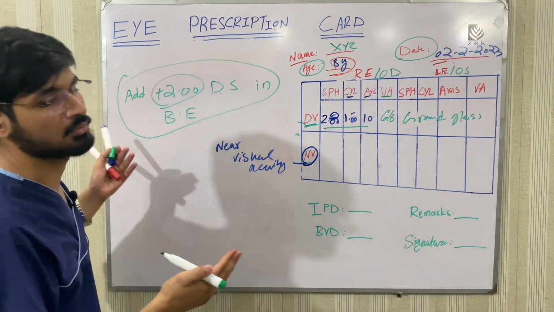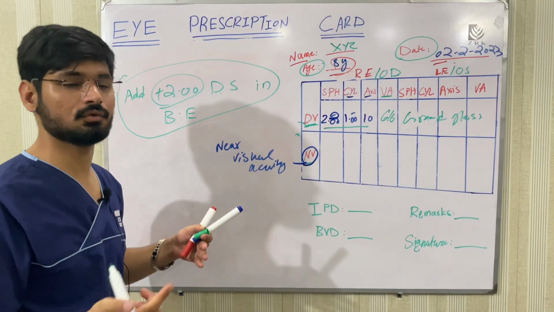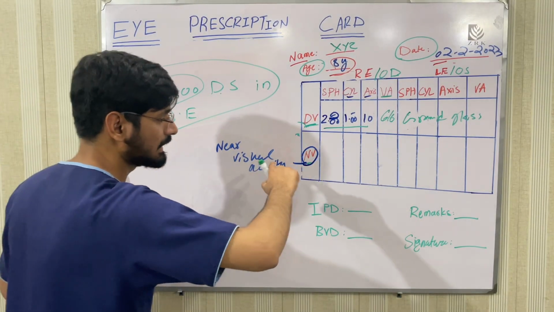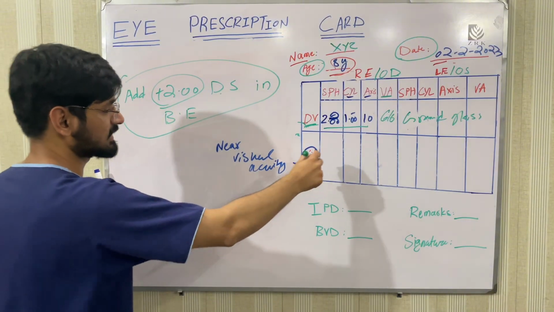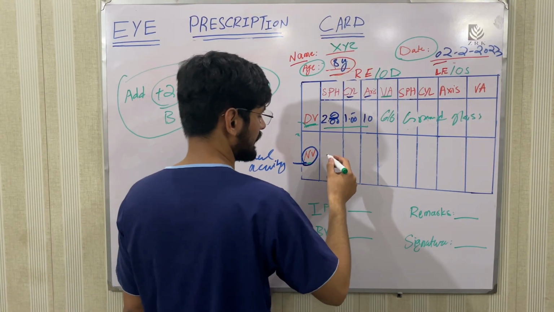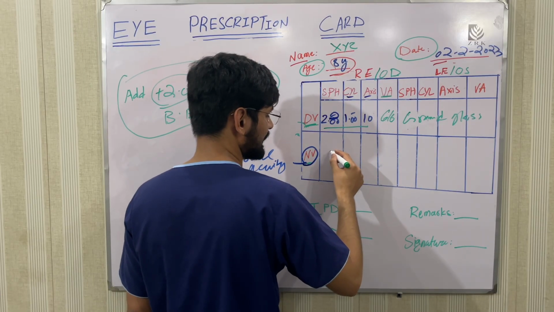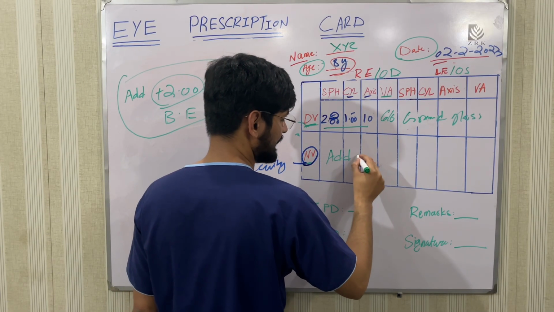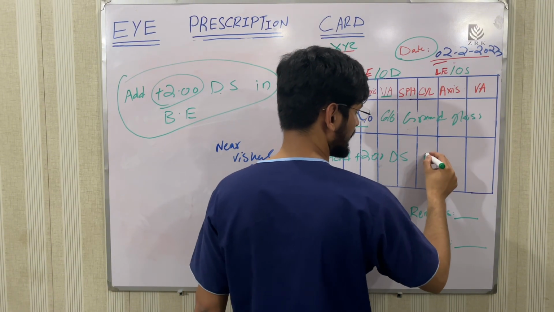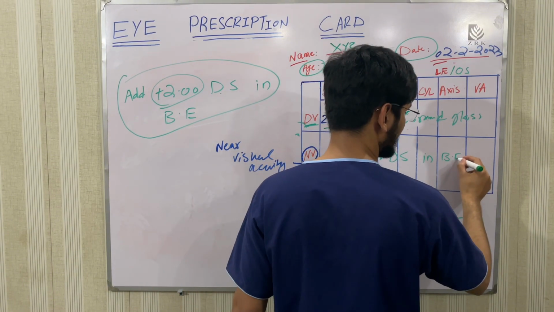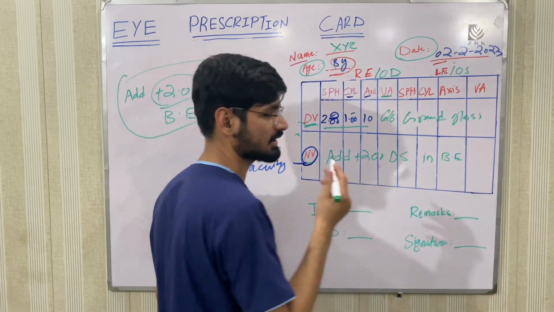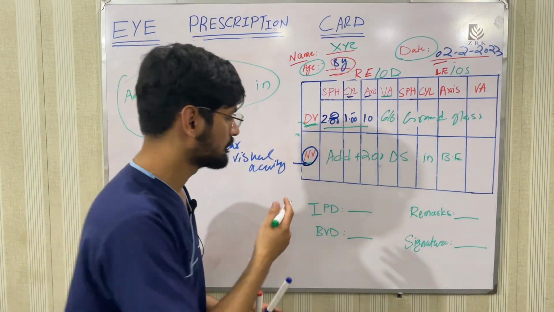For example, if I give add +2, I write the card like this: add +2 dioptic sphere in both eyes. And what is the visual acuity in near with this number?